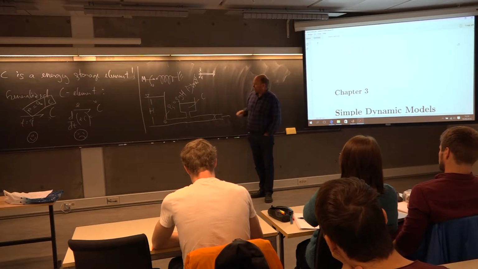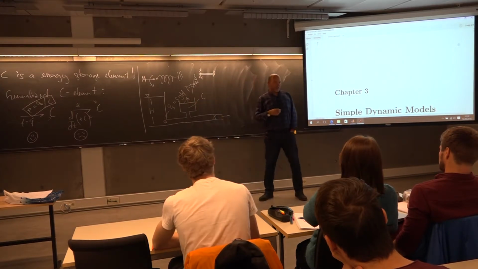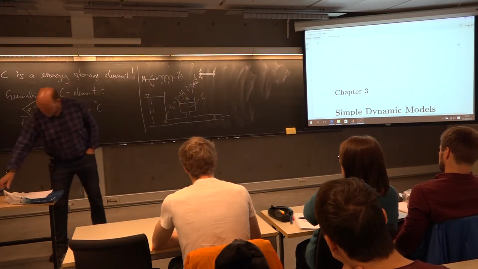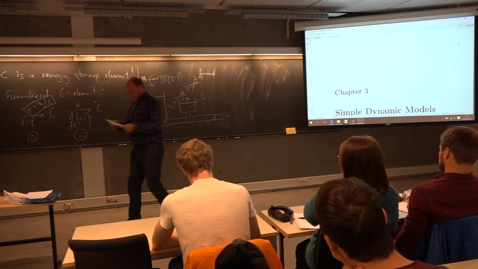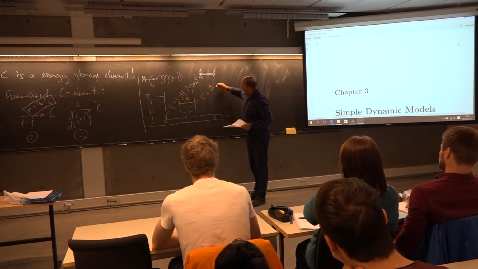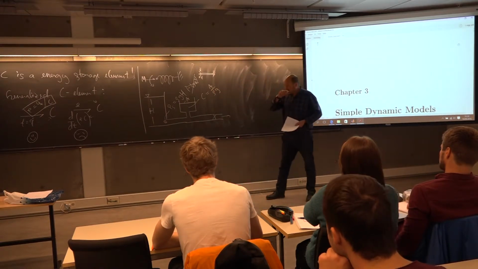So what will this C element be? Well, for a fluid, we here are going to need the surface area A. And if I recall correctly, this C will now be defined as surface area divided by rho g, like that.